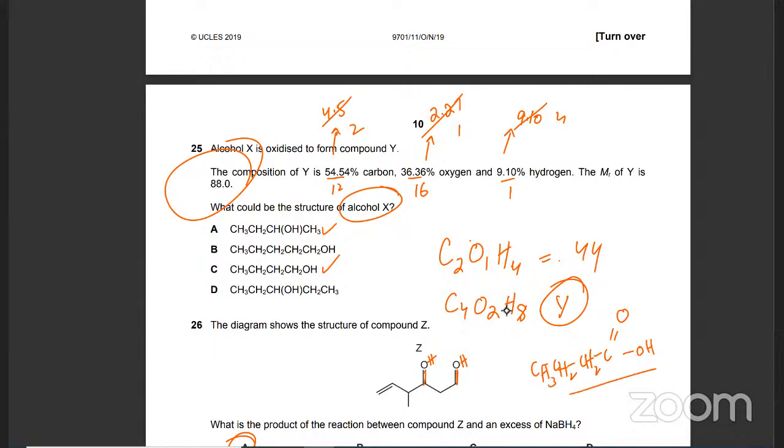So Y, he said Y is formed from X, right? When it gets oxidized, a primary alcohol turns into a carboxylic acid. So this is going to be C, because we found the empirical formula for the product. So it's this particular primary alcohol that will form this carboxylic acid. Is this part clear? Yes, sir.